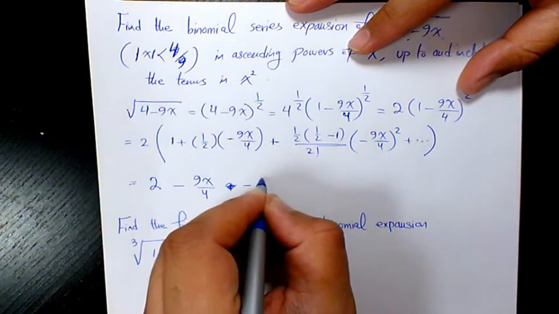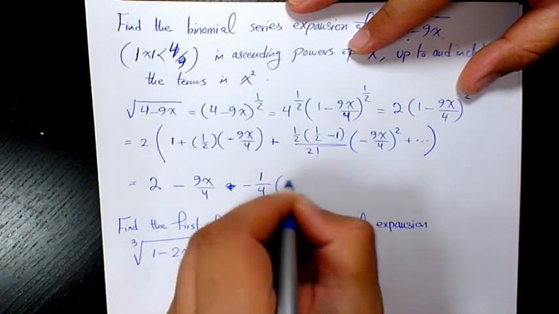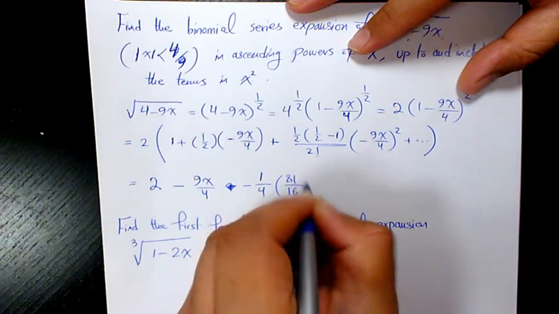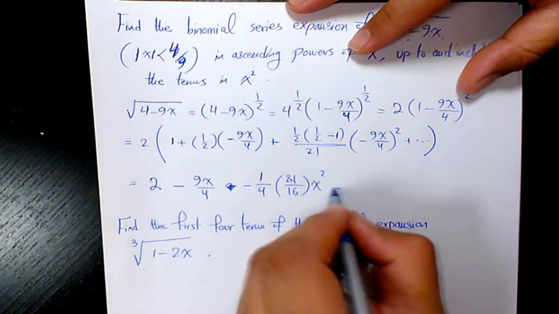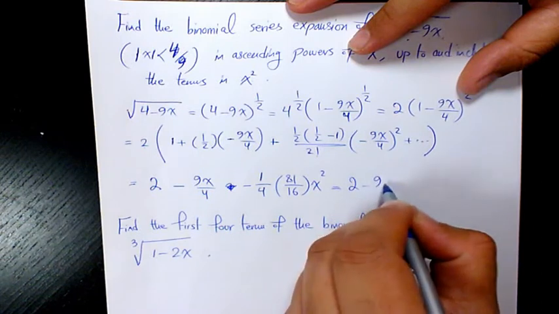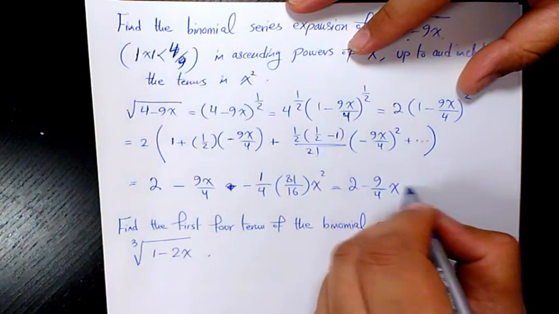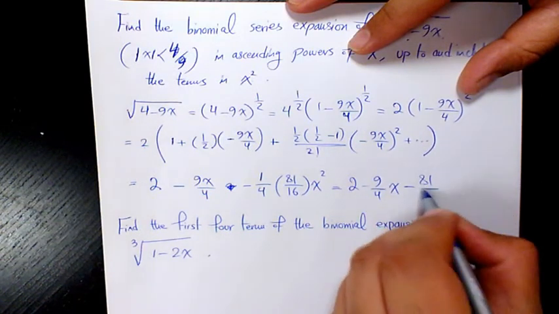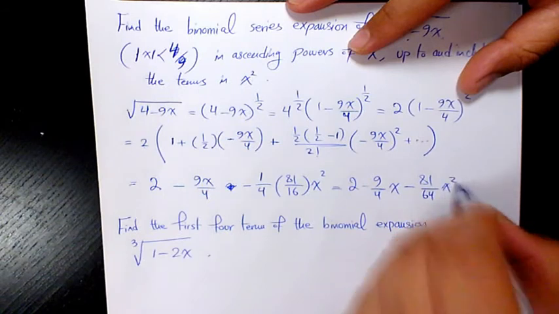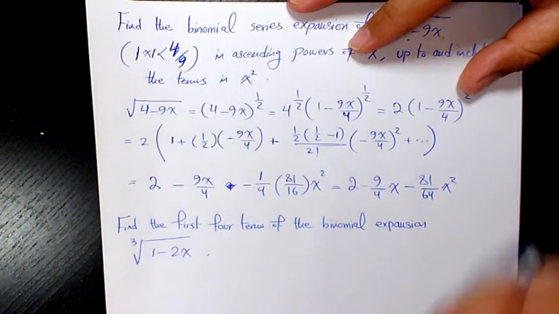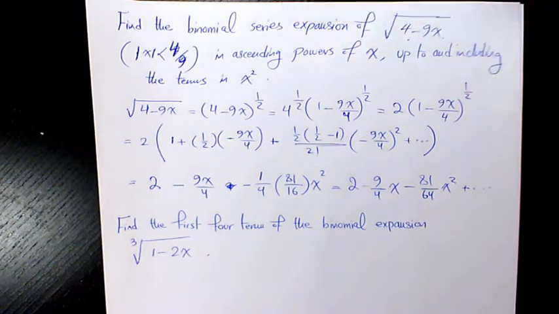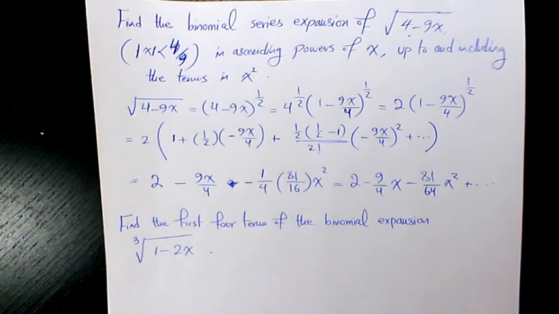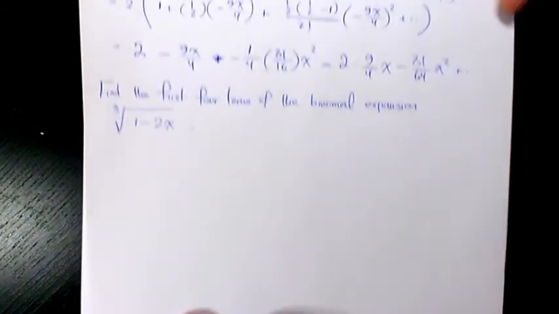So it's going to be negative 1 over 4 times 81 over 16x squared, which will be 2 minus 9 over 4x minus 81 over 64x squared plus all other terms. And now let's look at the last example of this video.